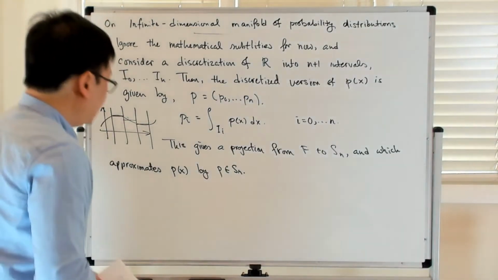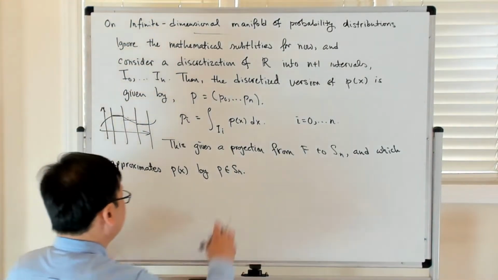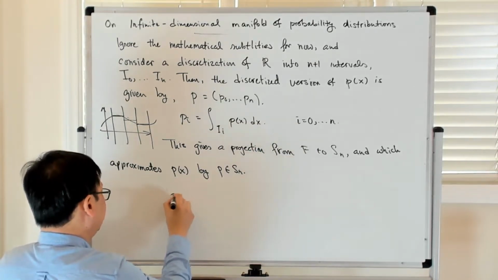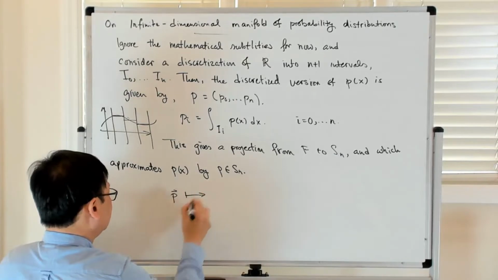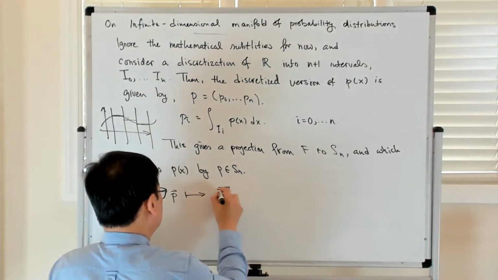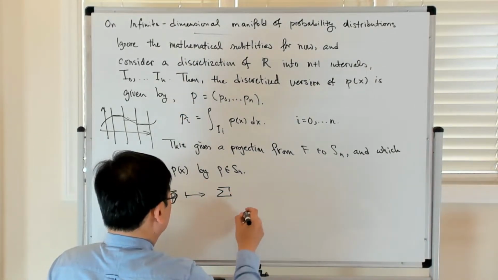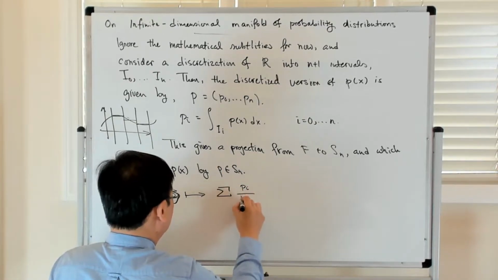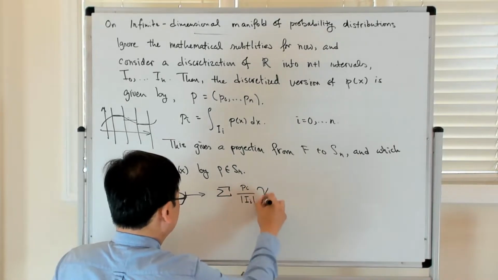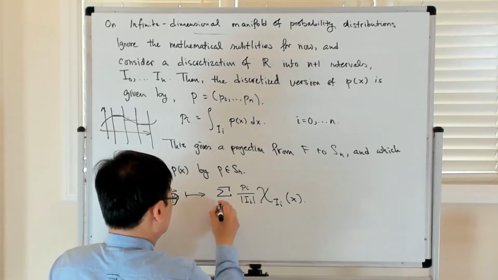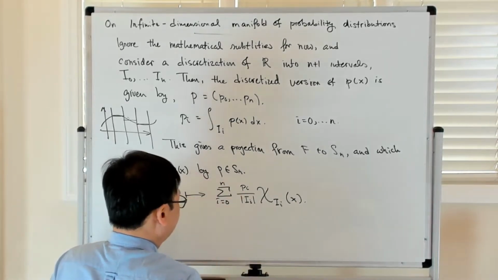Okay, and then conversely, if you want to think of it in the obvious way, you can take this P vector and map it to the linear combination of Pi divided by the norm of that interval times the characteristic function of that interval times x, where i goes from 0 to n.